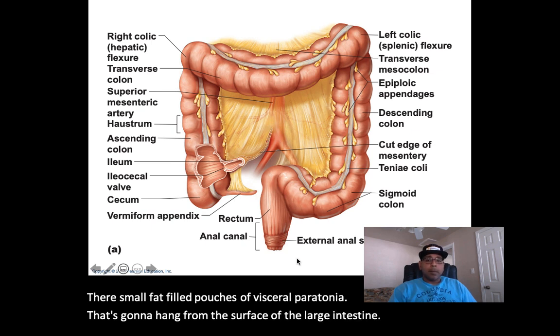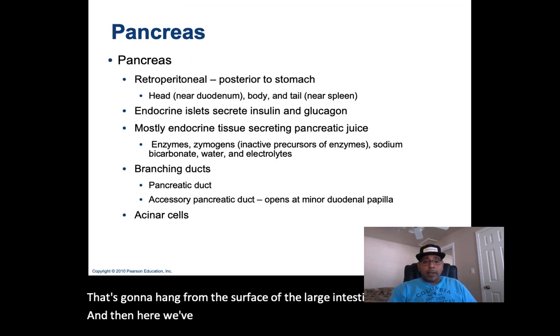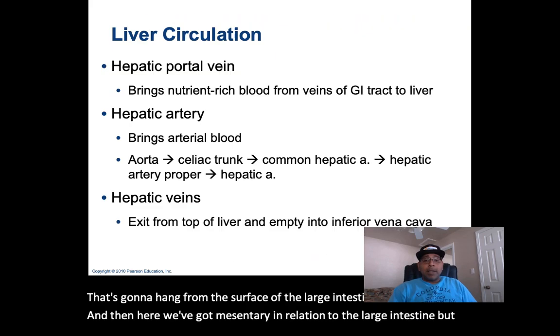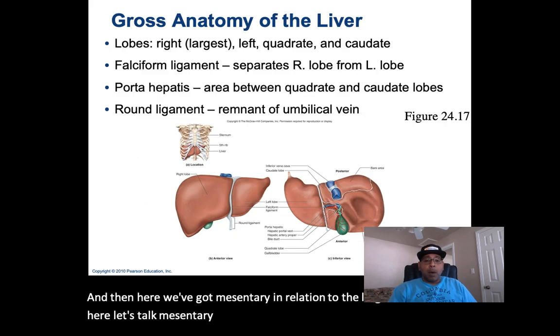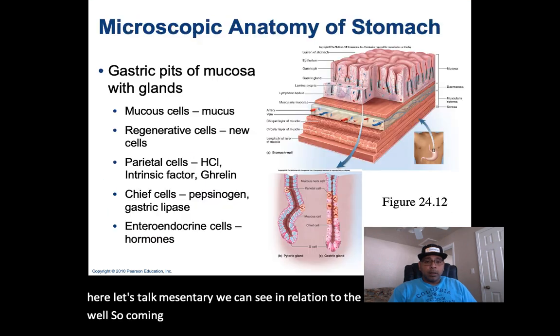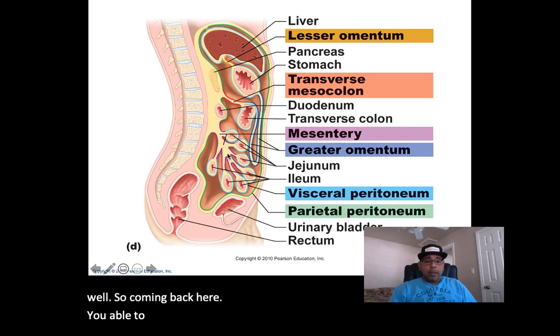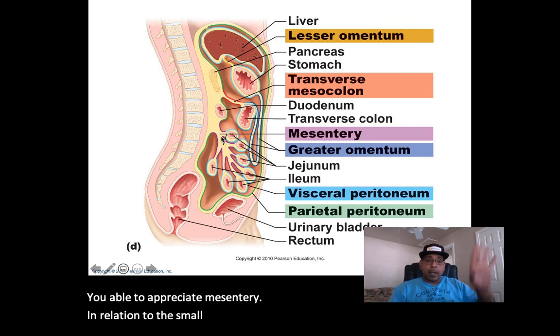And then here we've got mesentery in relation to the large intestine, but let's talk mesentery we can see in relation to the small intestine as well. So coming back here, you're able to appreciate mesentery in relation to the small intestine. All keeping everything tethered to the back wall.